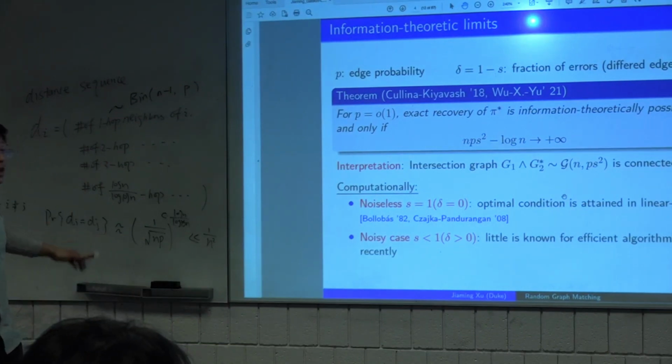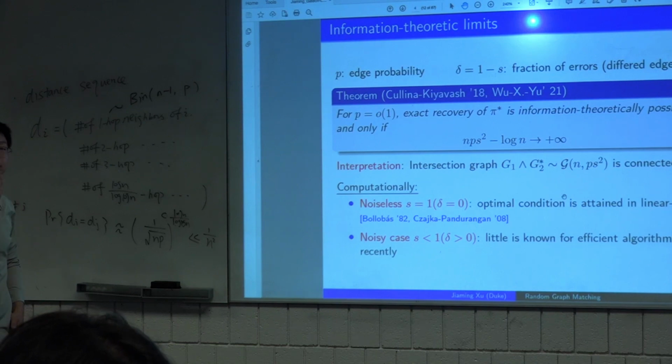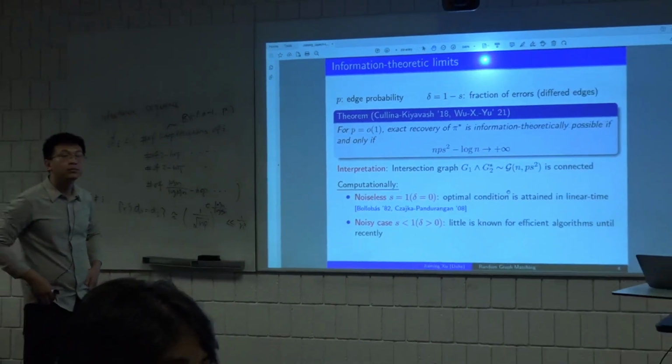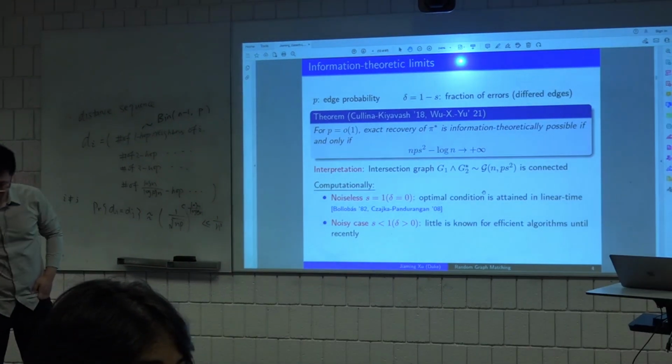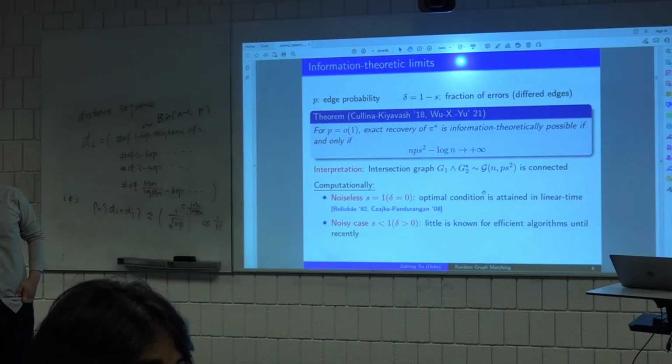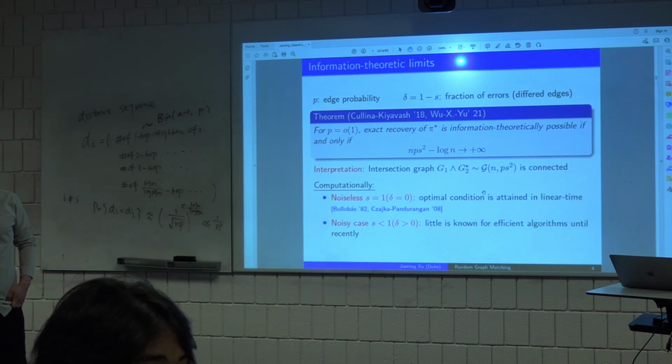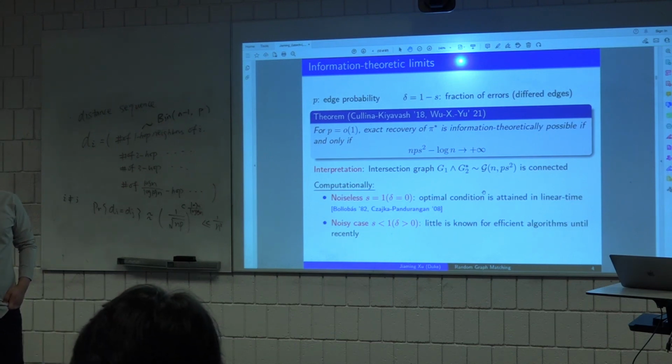That's why in this calculation I don't consider the effect of isolated nodes. But in the connectivity result for G(n,p), there's a really strong hitting time result that says as soon as you don't have an isolated vertex, you're connected. It's the same hitting time if you add edges. So it could be that the hitting time for the algorithm to work is not having two isolated vertices. I'm not quite sure about that result, but I think it should be true.